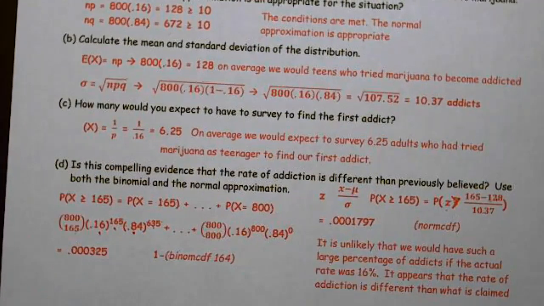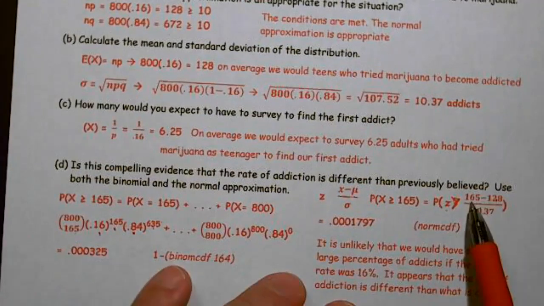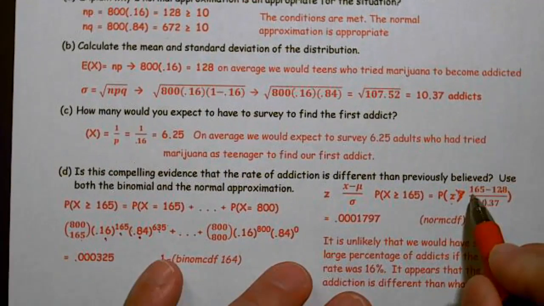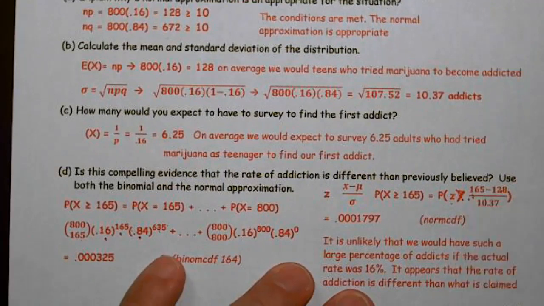All right. So looking at what's the probability that we'd have 165, and now we're not working with a proportion. We're actually working with actual values.